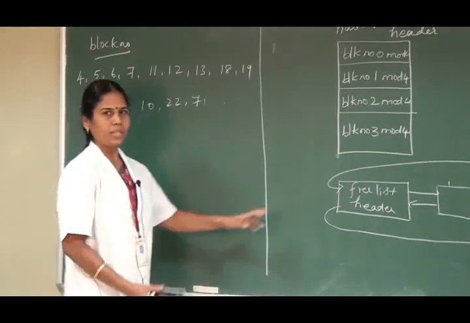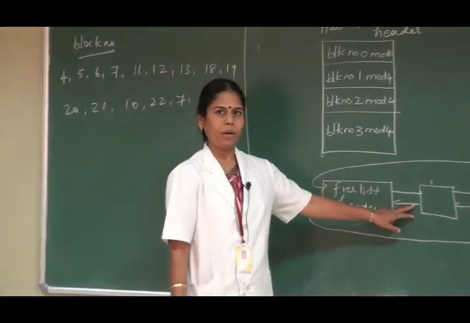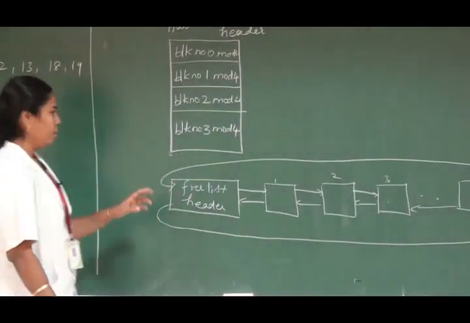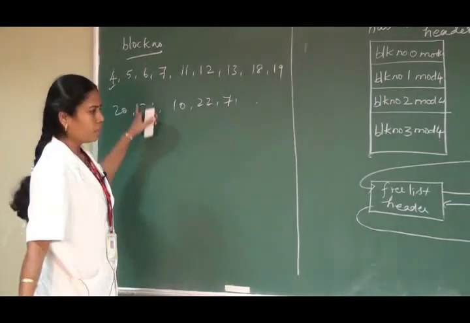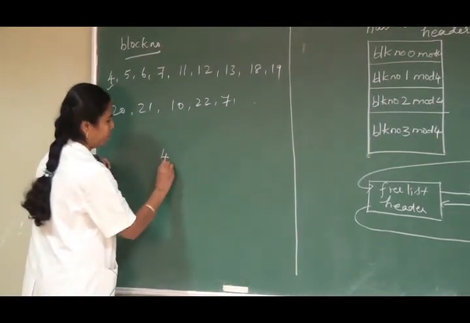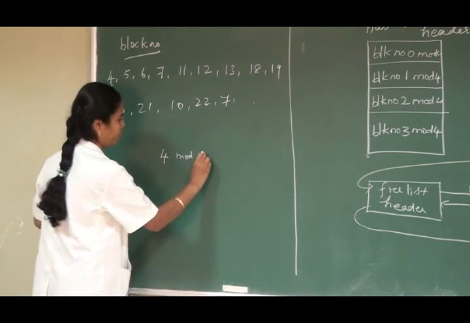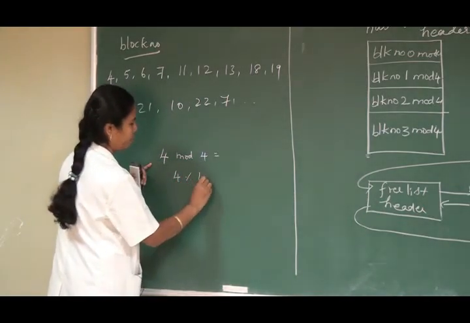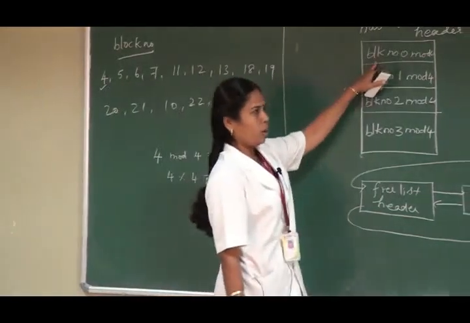So initially all the buffers are in the free list header. Now one by one on demand the buffers will be allocated into the hash queue. Now we take block number 4. We calculate the mod value for block number 4: 4 mod 4 is equal to 0. So this is hash queue 0.